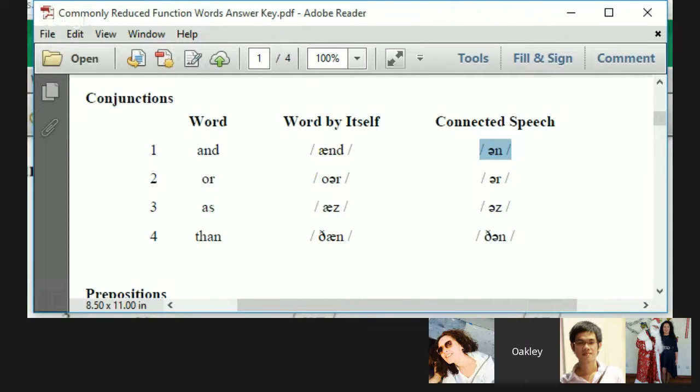So, yeah, occasionally you will see this N. Of course, as all contractions are, as we discussed yesterday, they are for speaking or very, very informal writing. Yes, it is the same.